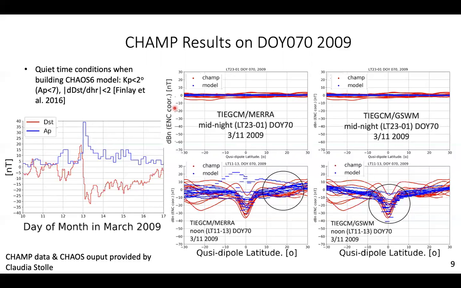The right figure is the result of the ionospheric magnetic field in the geographic northward component in nanotesla, as a function of the quasi-dipole latitude. The red color is the observation. The blue color is the model result at the midnight in this subplot.